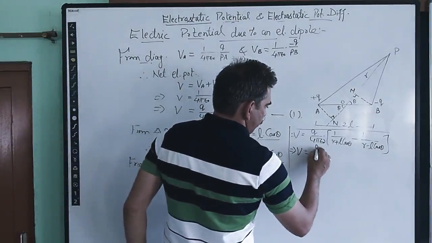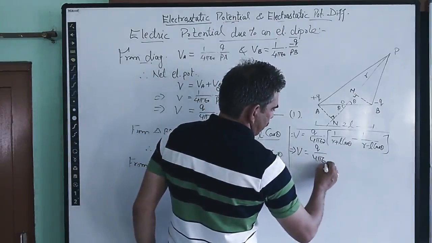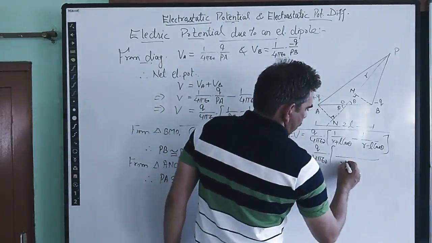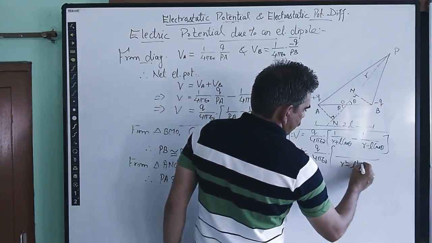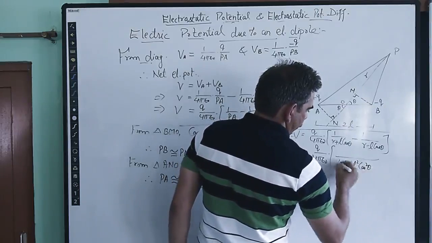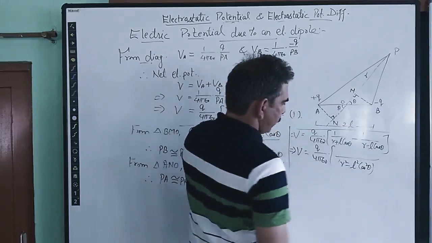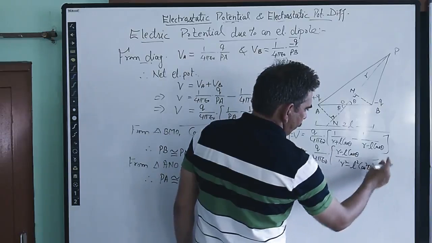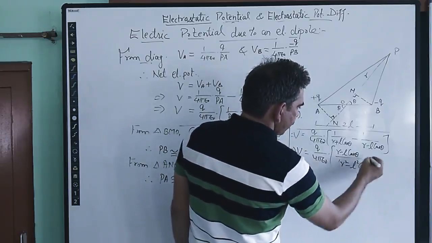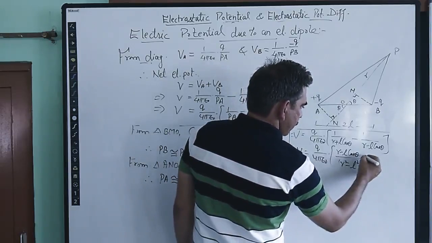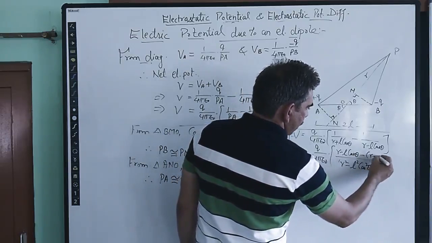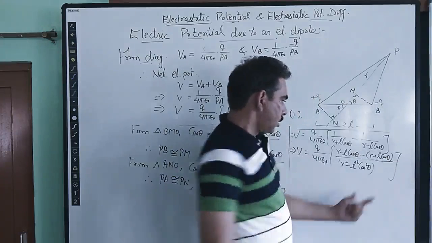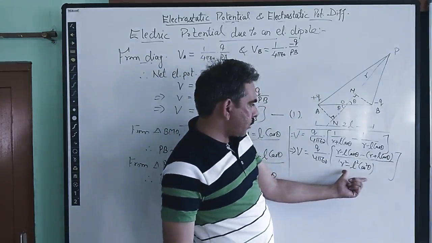So this is equal to Q upon 4 pi epsilon naught into, we take LCM, which is R square minus L square cos square theta, and in the numerator what we get is R minus L cos theta, and minus R plus L cos theta. This is mathematically how we are solving it.